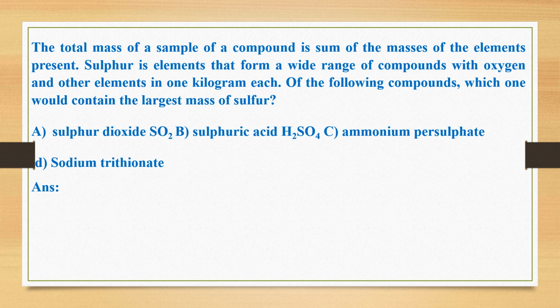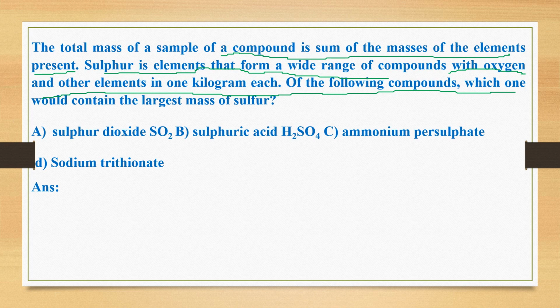The total mass of a sample of a compound is the sum of the masses of the elements present. Sulfur is an element that forms a wide range of compounds with oxygen and other elements. Taking 1 kg of it, which of the following compounds contains the largest mass of sulfur?